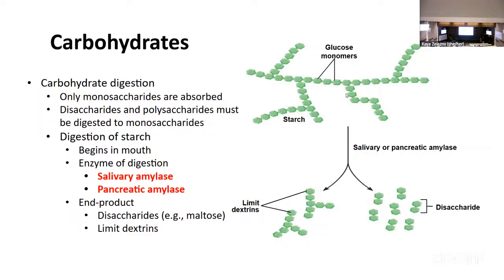Pass down your pharynx, esophagus, stomach, and you get into the duodenum. The pancreatic duct is going into there, so the pancreas also produces amylase. So we also have pancreatic amylase, continuing this breakdown of large carbohydrates like starch, giving us these disaccharides and limit dextrins.